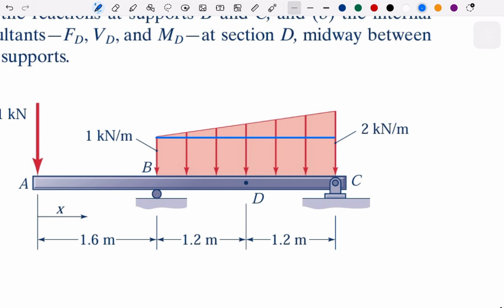This one is 2. But then this is the same, this is also 1, and this is also 1. Okay? So first, for the rectangle part, 1 multiplied with 2.4 is 2.4. So there will be 2.4 kilonewton resultant from this rectangle. And where is it? It should be in the middle. For the rectangle, it should be in the middle.